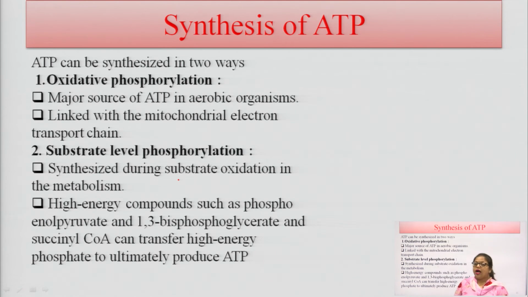There are high energy compounds like phosphoenolpyruvate, 1,3-bisphosphoglycerate and succinyl coenzyme A, which can transfer high energy phosphate to ultimately produce ATP.